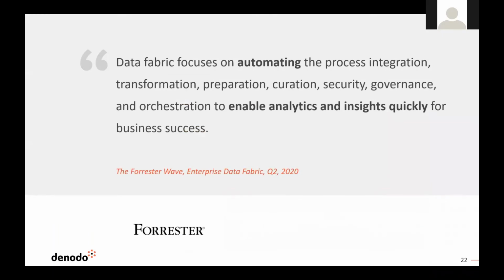So this really brings us to a data fabric, and how a data fabric across your on-premise and in-cloud data sources can allow you to transform, prepare, set your security governance, and just allow very fast insights.